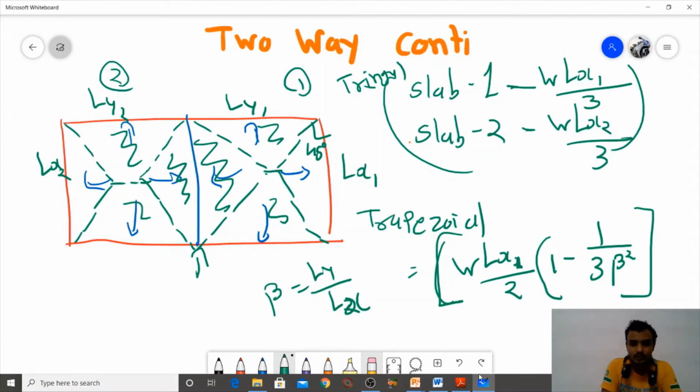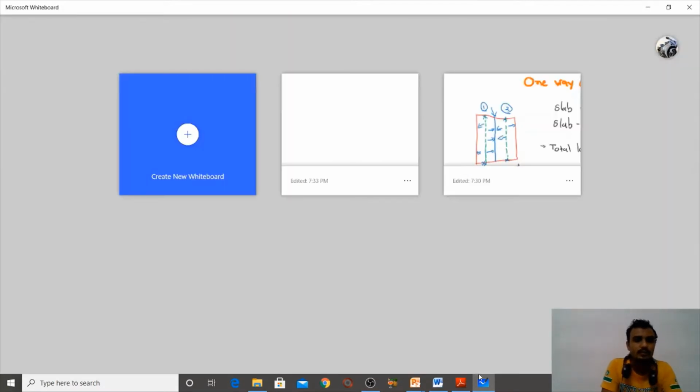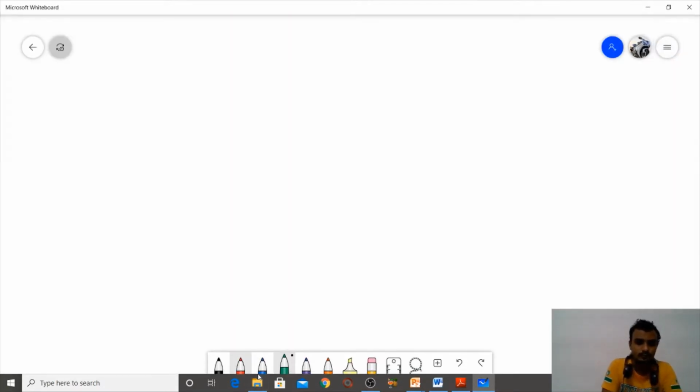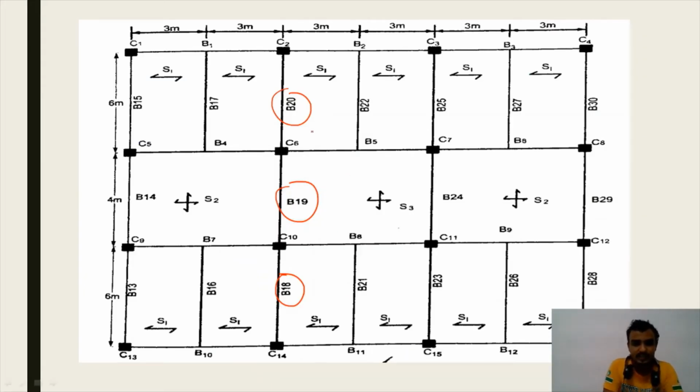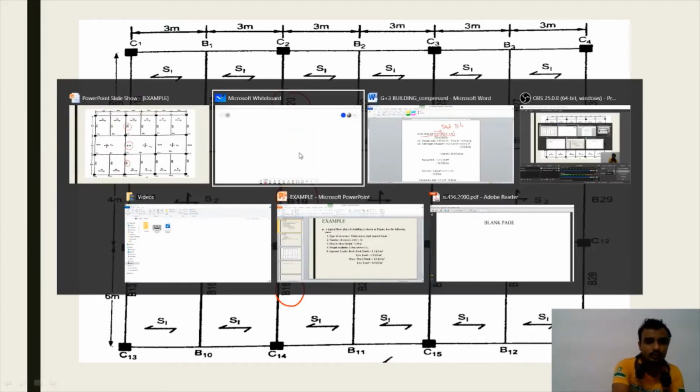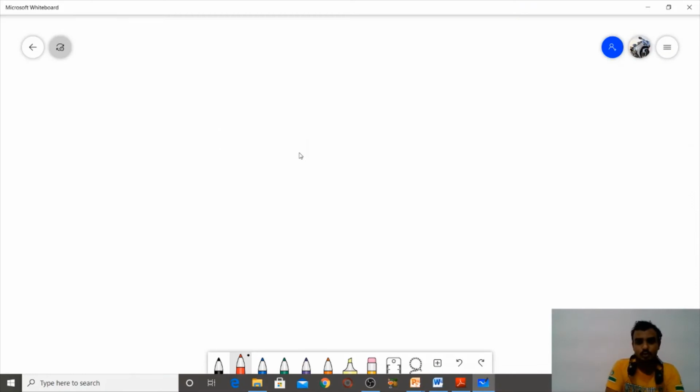Okay, let's make a new whiteboard. Here are beam number 80 and beam number 20. I am going to calculate the slab load on the beam.